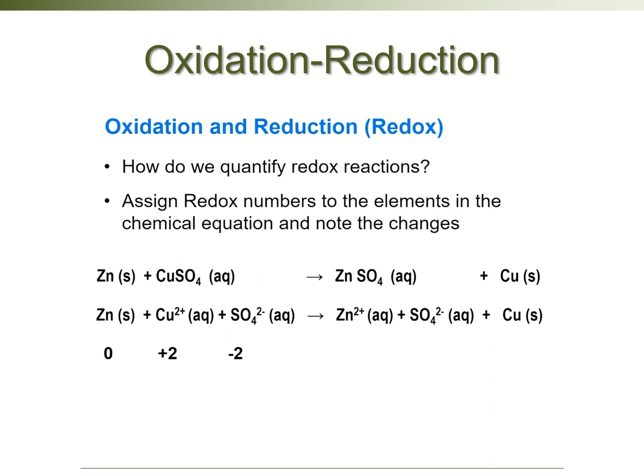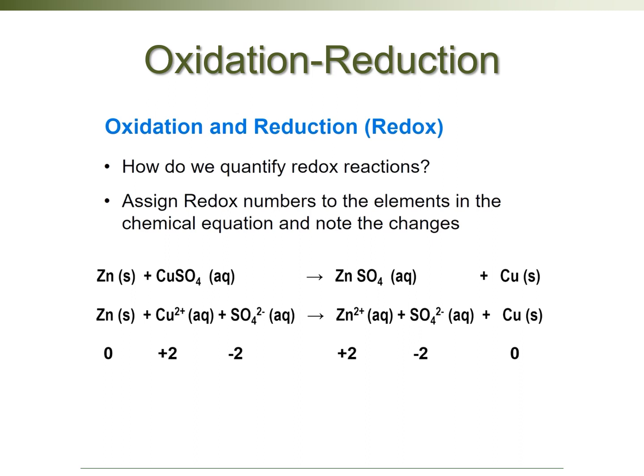All right, so what's happening on the right side of the transformation arrow? Well, we have zinc, and it's going to have an oxidation number of +2. Our sulfate's still going to have a -2, and our copper solid is going to have an oxidation number of 0. All right, let's take a look at what happened to zinc.